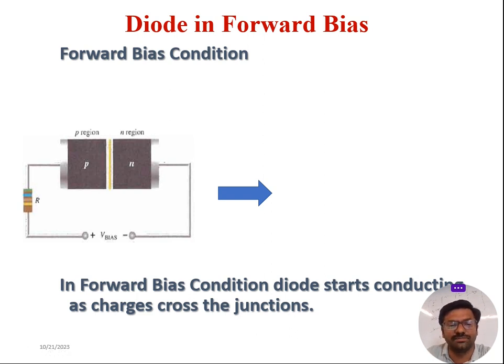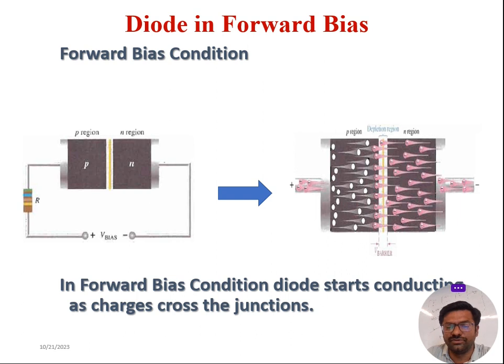So in the forward bias, what happens to the diode? We will see here. Because of the positive terminal applied here, these holes will try to repel towards the N region, and these electrons will try to repel towards the P region, as a part of which charges are crossing the junction, and the junction becomes very narrow.